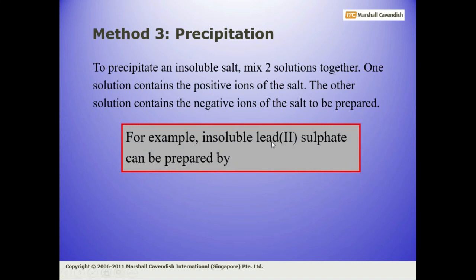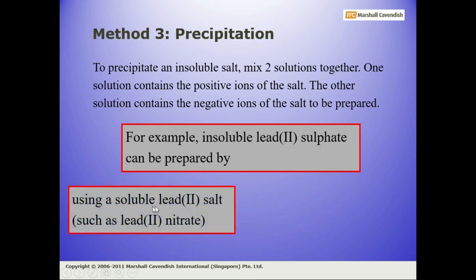For example, insoluble lead 2 sulfate can be prepared by two soluble solutions of these two ions. It means one solution must contain lead ion and it should be soluble, and the other solution must have sulfate ion and it should also be soluble.